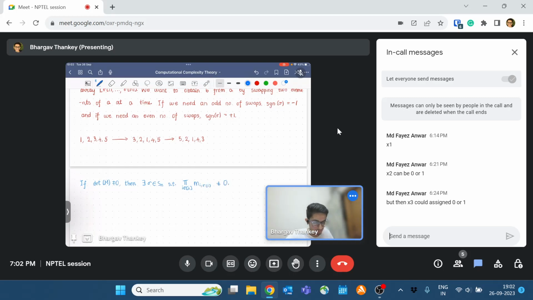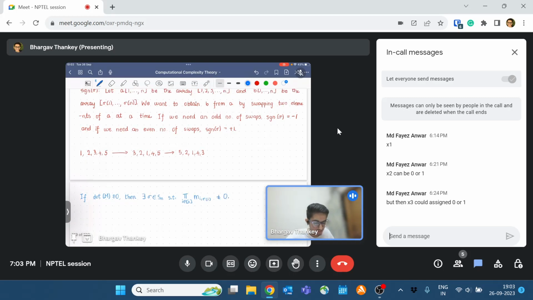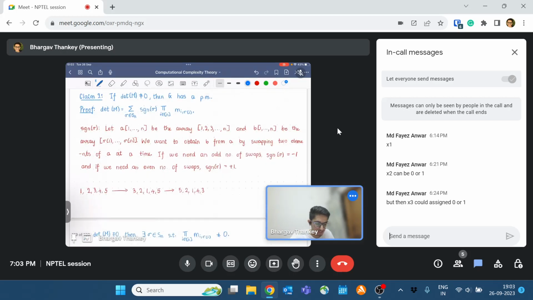This is my claim. Does this claim make sense? So if the determinant is not zero, then the product of these things is non-zero, and we do not use summation here.